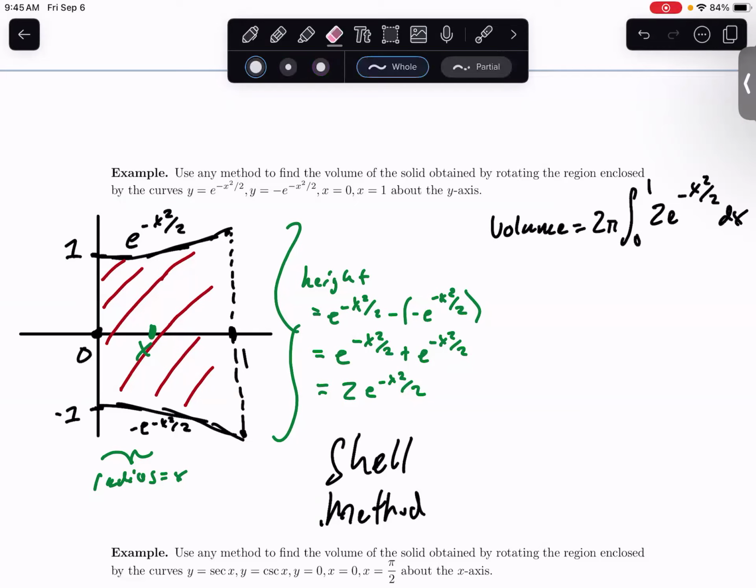Oh, I need to multiply by x, right? So let me erase this. Because we're doing the shell method, you should be thinking in terms of circumference. So you always have the 2 pi x, and then you multiply by the height. So this is times 2 times e to the minus x squared over 2 dx. I'm going to bring the 2 outside of the integral, so this is really the same thing as 4 pi.